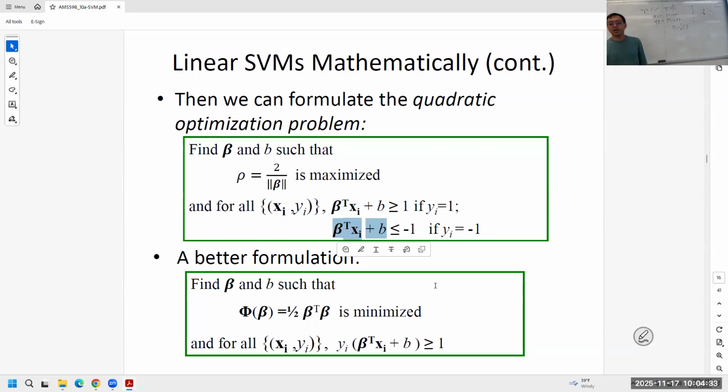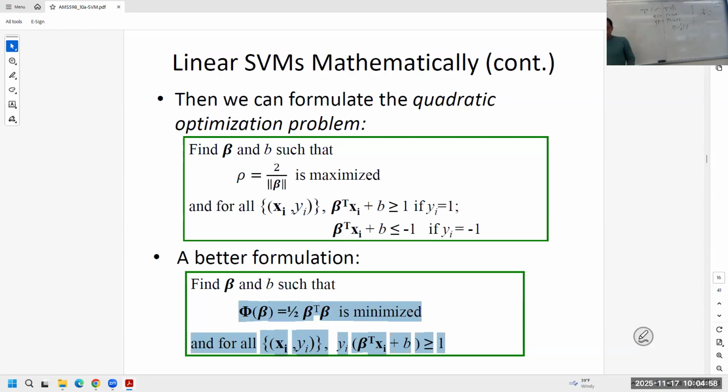So we can write the two sets of inequality as the same equation: yi times (beta transpose xi plus b) bigger than or equal to 1 for both. So this problem right here is the formula we're going to work with.